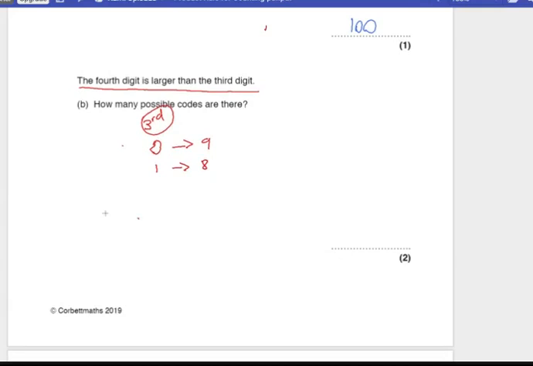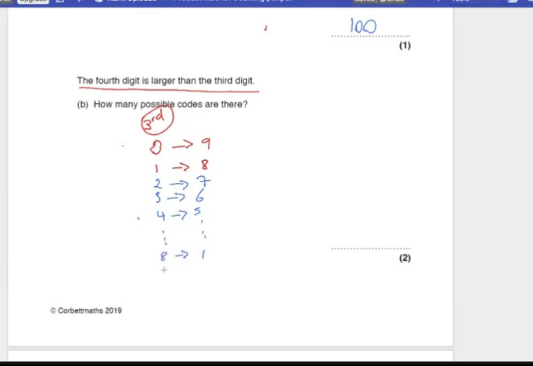So we then see that with 2, you then only have 7 options: 3, 4, 5, 6, 7, 8, 9. With 3, you only have 6 options. With 4, you only have 5 options, and so on. When you get to 8, you only have 1 option.